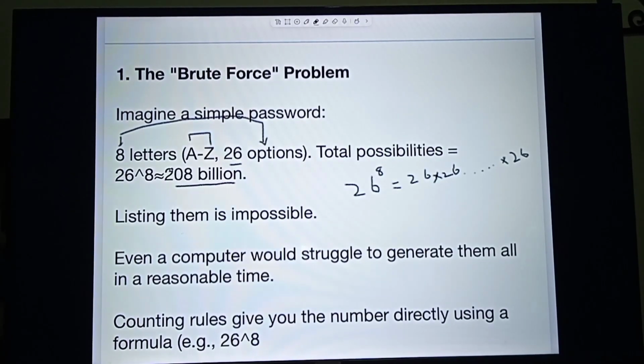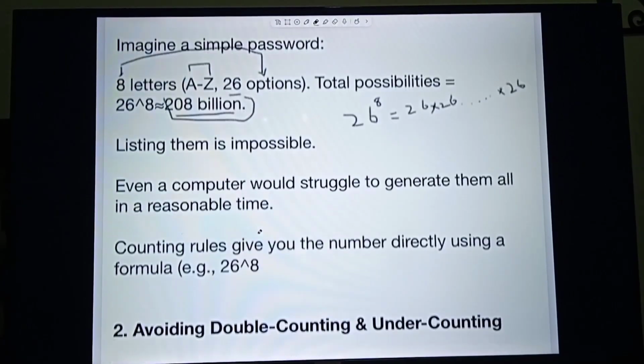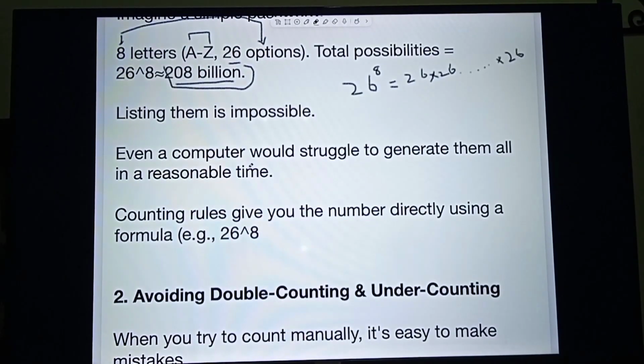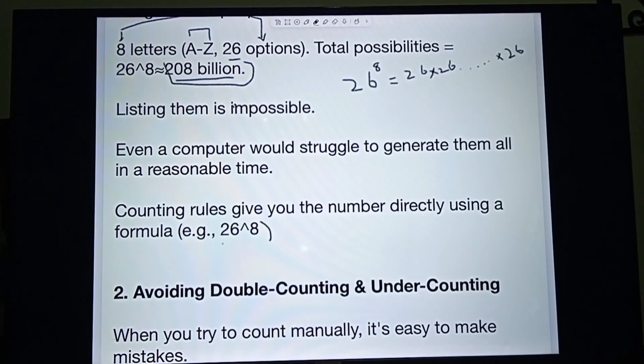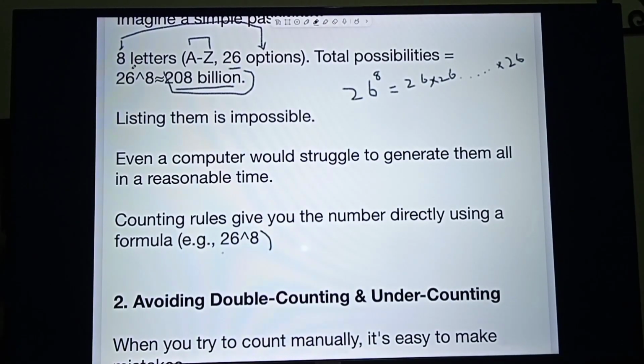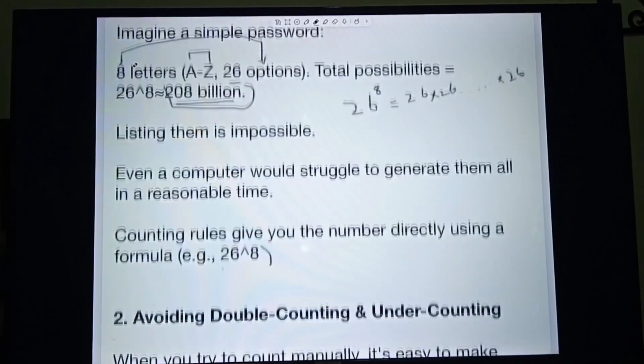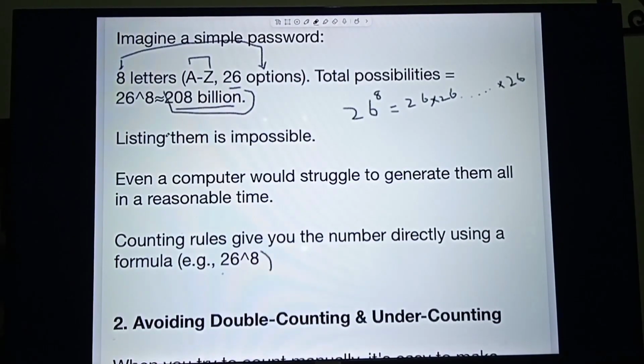So listing these 208 billion options is almost impossible. You need a powerful computer to make these arrangements for you, or to form these passwords of 8 letters.